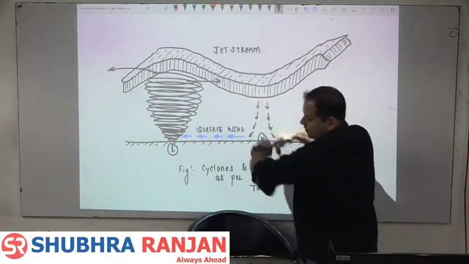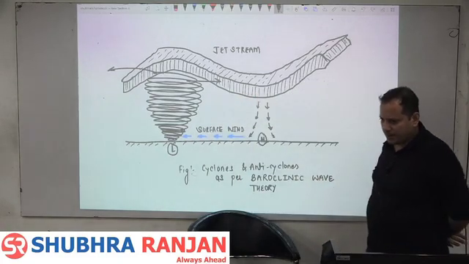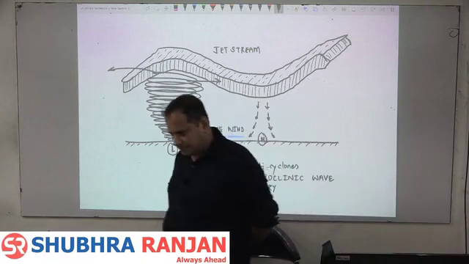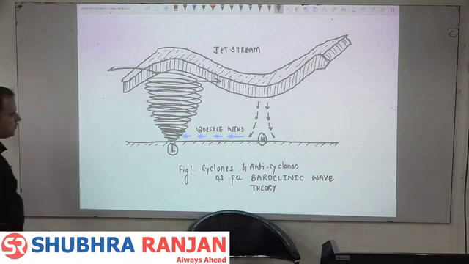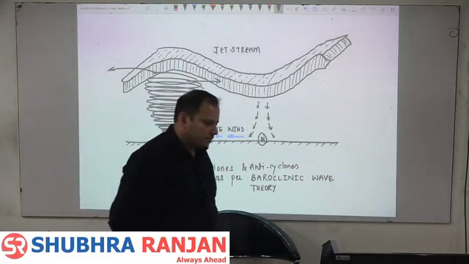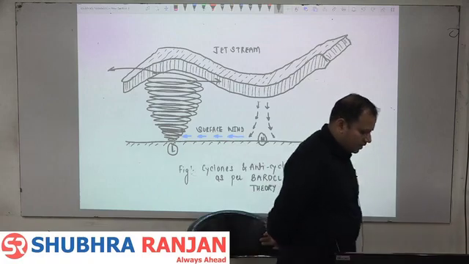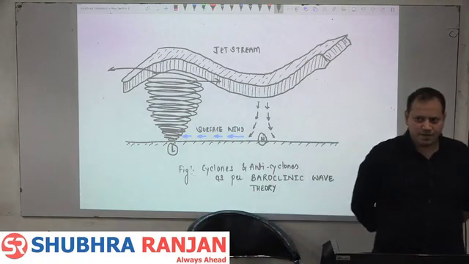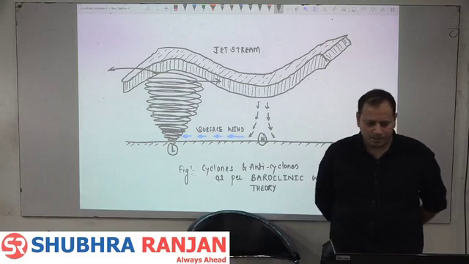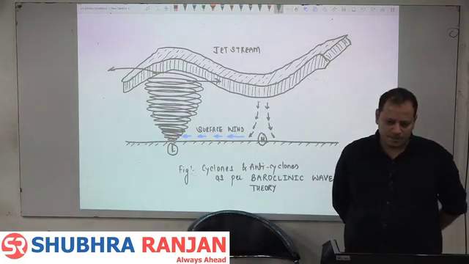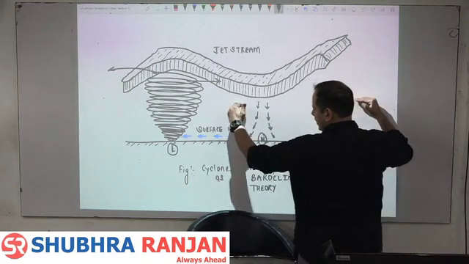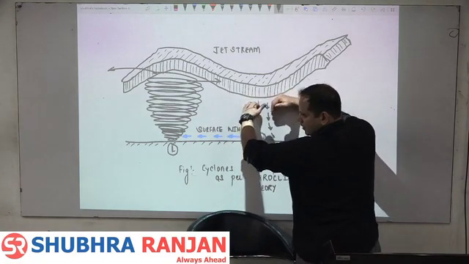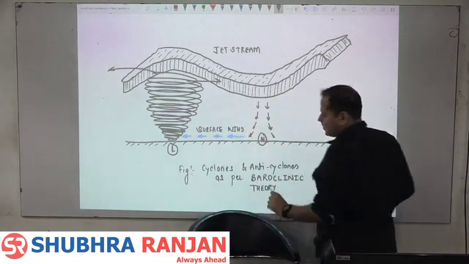While upper air convergence are the regions of surface anticyclones. Clear? यहाँ से the air will converge and it will come down. Fine. So I'll stop here today.